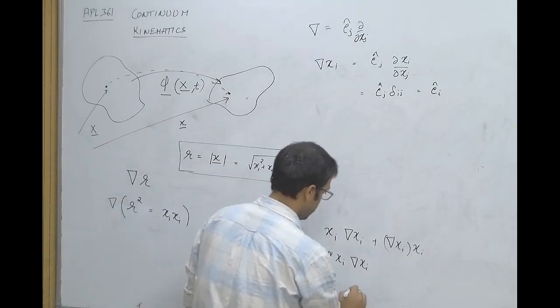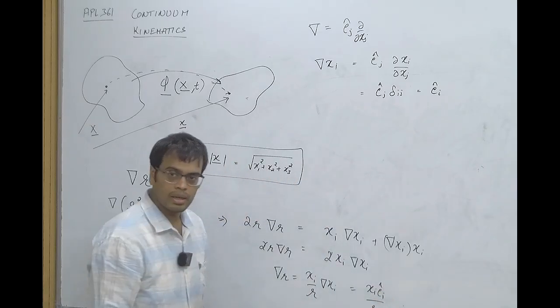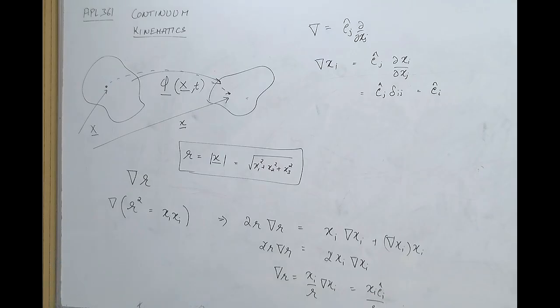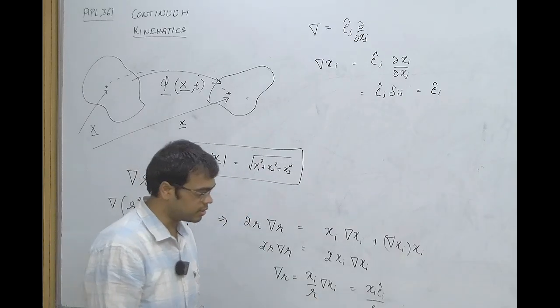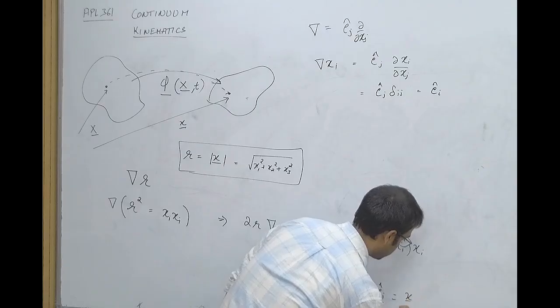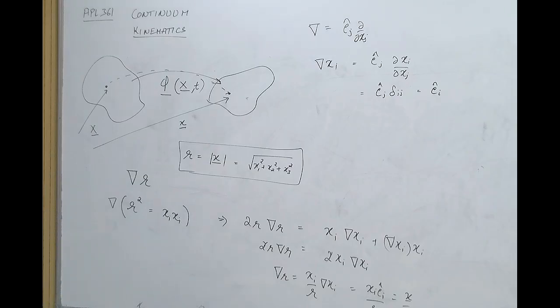So grad of R is xi e hat i over R, which is the unit vector in the direction of x. This is simply the x vector by R. Which makes sense also.